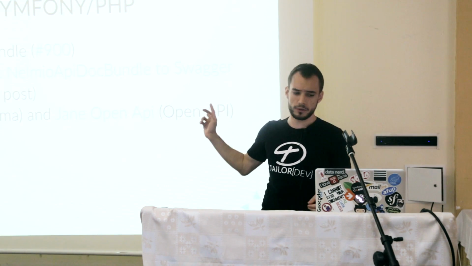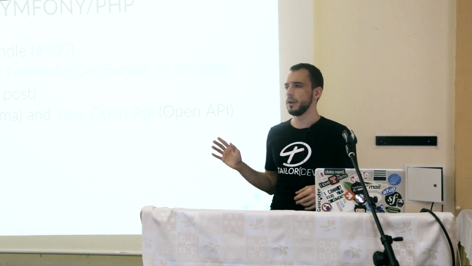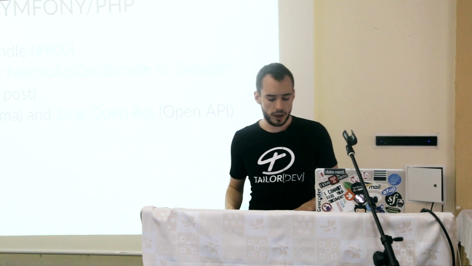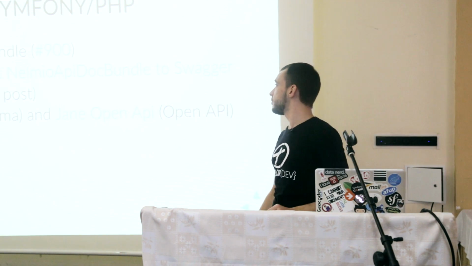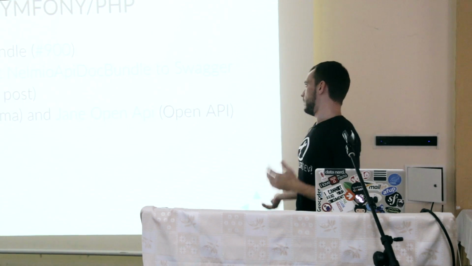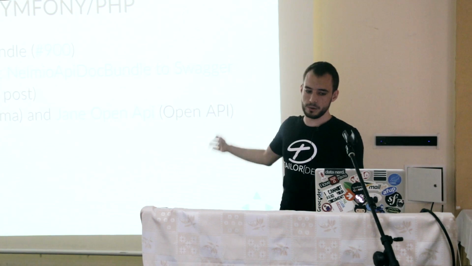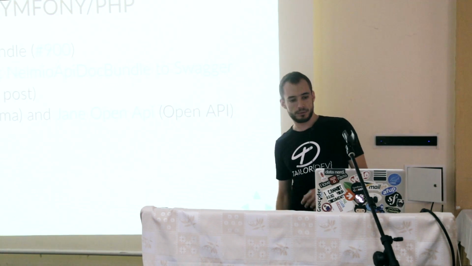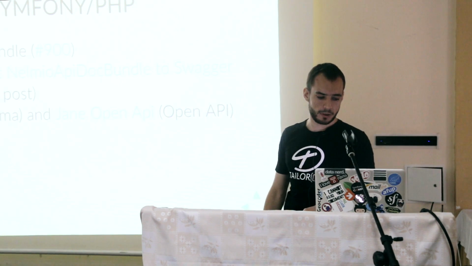Especially because the ApiDocBundle's future is quite uncertain. We don't really know if we'll still continue to maintain this project or if it will work the same way as before. It's in the discussion, issue 900, in case you want to say something.